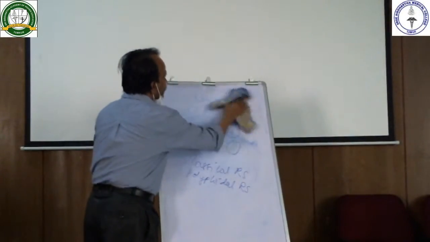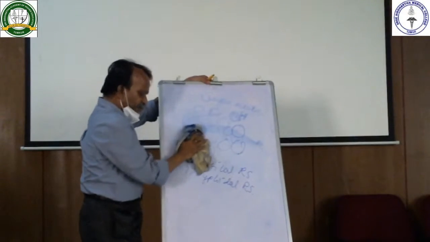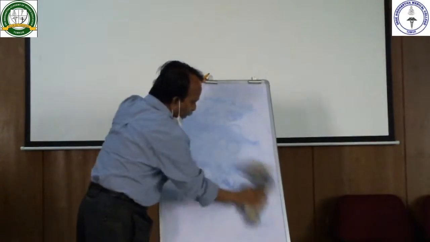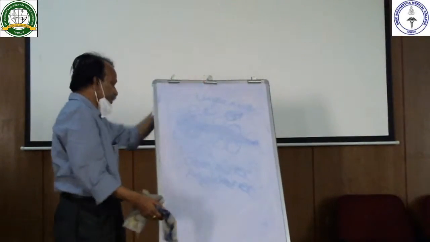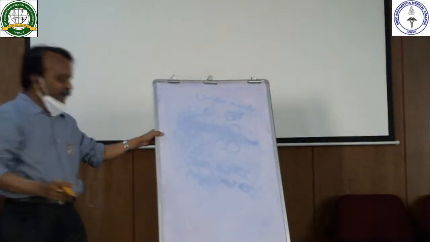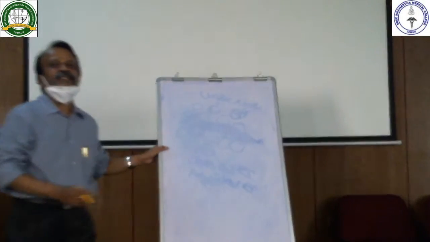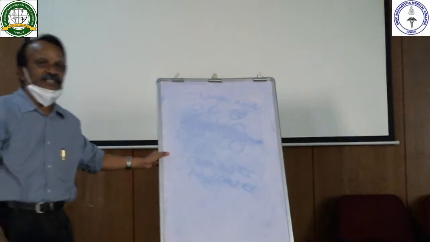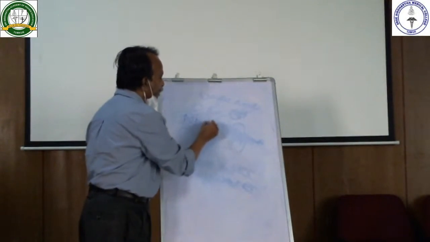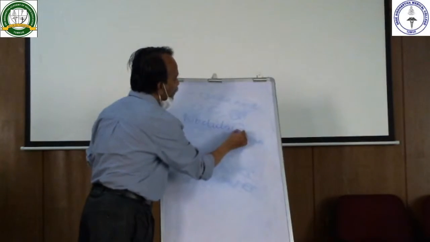The commonest type of Hodgkin's lymphoma that we see is nodular sclerosis. Nodular sclerosis type is the commonest type and it is more commonly seen in males. This accounts for about 40% or more of Hodgkin's lymphoma.